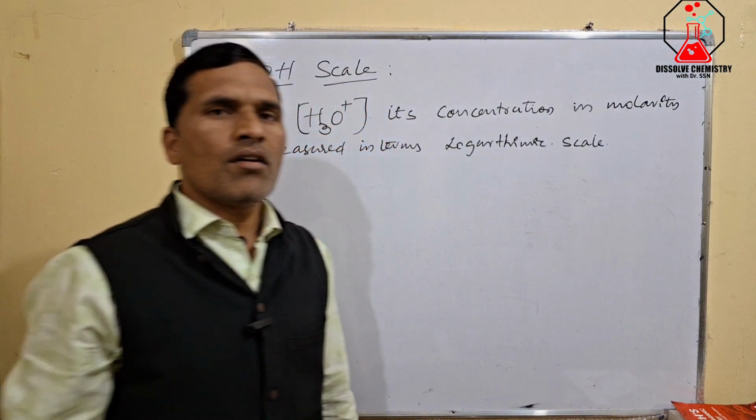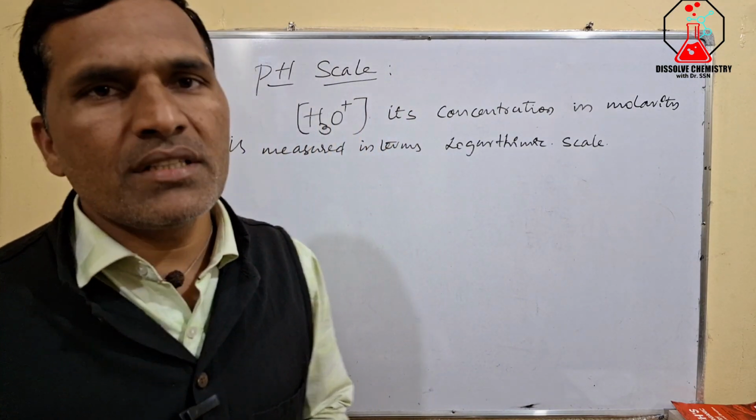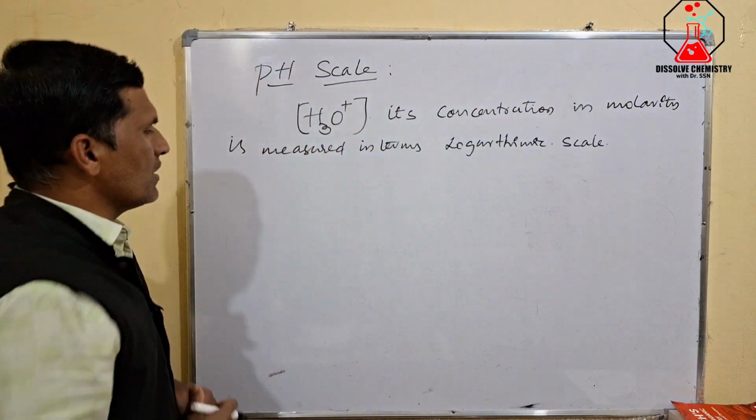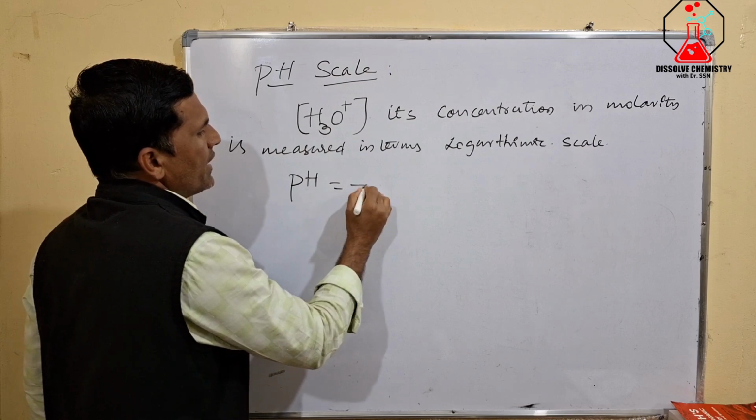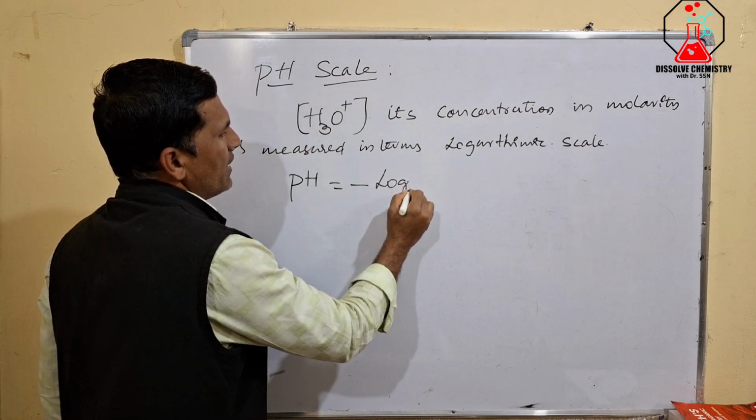And how are we going to measure on that logarithmic scale? We define pH as the negative log to the base 10.